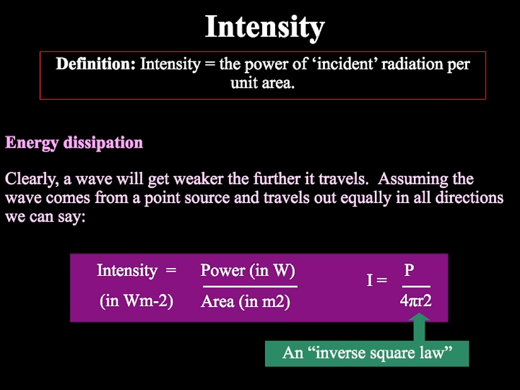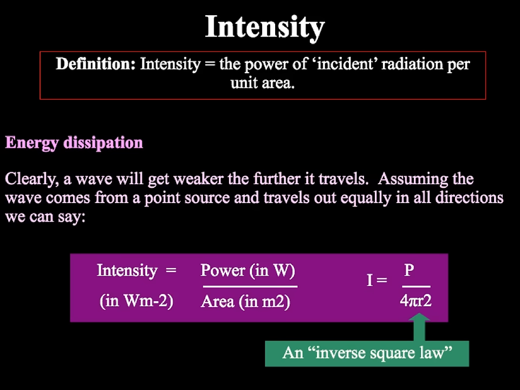This equation states that intensity in watts per meter squared is equal to the power in watts over the area in meters squared. We can rearrange this into the equation on the bottom right, where we have I equals P over 4 pi r squared, which is an inverse square law.